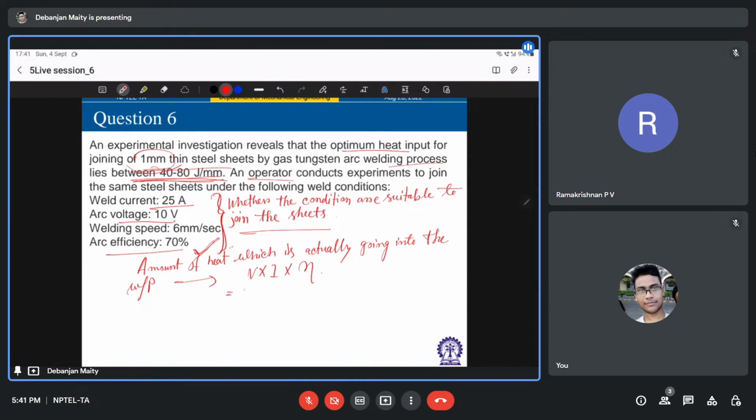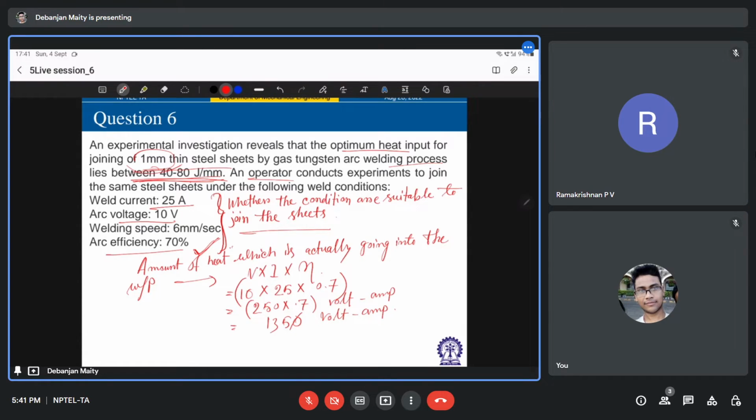So your voltage is given as 10, current is given as 25 ampere, and efficiency is given as 0.7. So it's coming as 135 volt ampere.